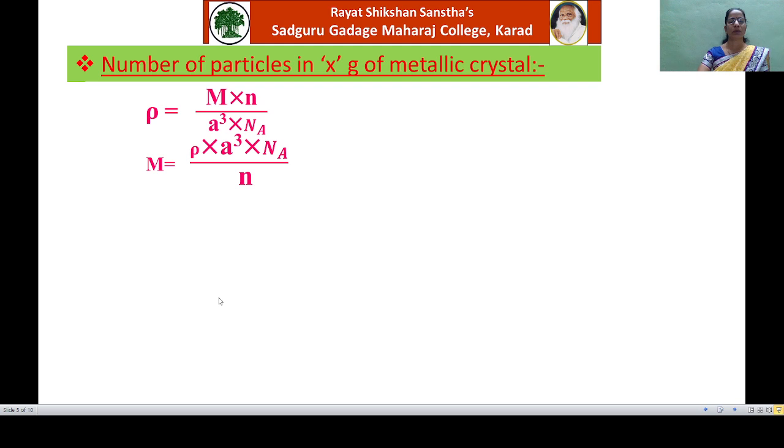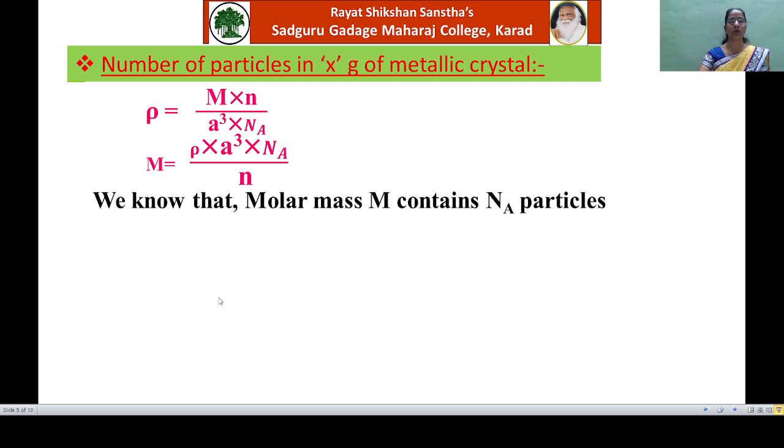Now we know the meaning of molar mass. Molar mass is nothing but the mass of that substance which is expressed in mole. And we know the meaning of 1 mole. 1 mole is the amount of substance which possesses Avogadro's number of particles.